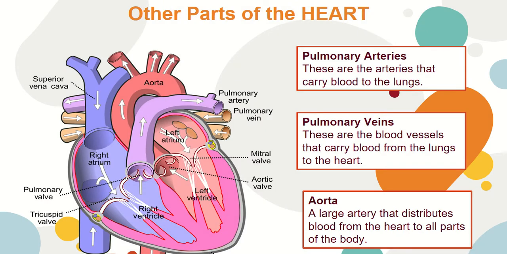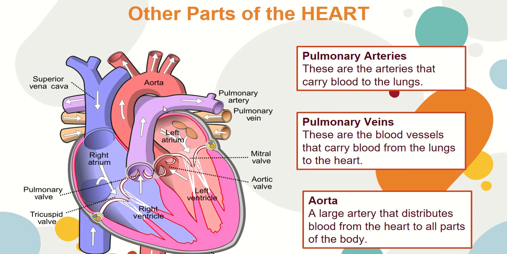That's the fourth chamber. The other parts of the heart, we have what we call pulmonary arteries. So ano nga ba pag sinabi natin pulmonary artery? So ito yung pulmonary artery natin. These are the arteries that carry blood to the lungs. So as you can see here, we are done with the atrium and the ventricle.